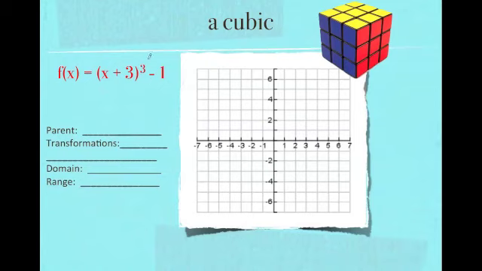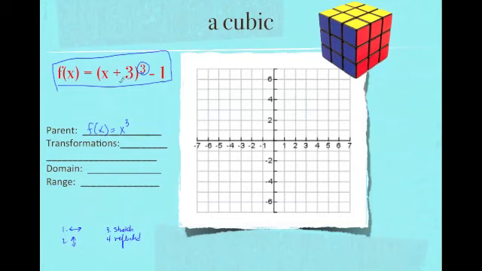So for this one, I know that it's a cube, so I know that my parent function is f of x equals x cubed. Now remember my 4 things that I'm looking for: the horizontal movement, the vertical movement, the stretch, wider or narrower, and if it's reflected. So I look up here at my equation and I see there's a plus 3 here.